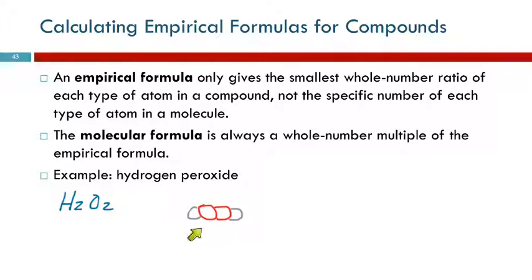So you're going to have 2 oxygens and 2 hydrogens. That's one molecule. Okay? That's the molecular formula. It gives you the formula of the actual molecule.